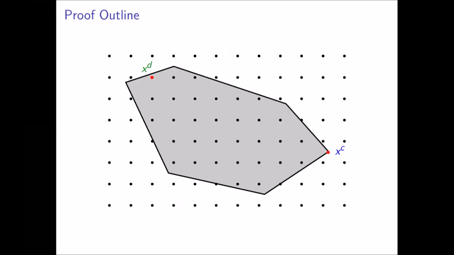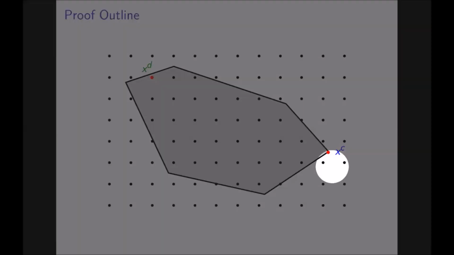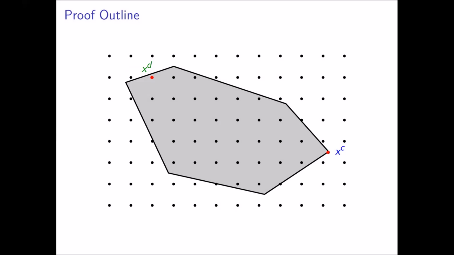Okay, so now that we've seen the bad examples, we can give the proof outline of our proximity theorem. We consider an optimal solution xc to IQP here on the right, an optimal solution xd to QP, and we wish to find an epsilon approximate solution to IQP close to xc and an epsilon approximate solution to QP close to xd.